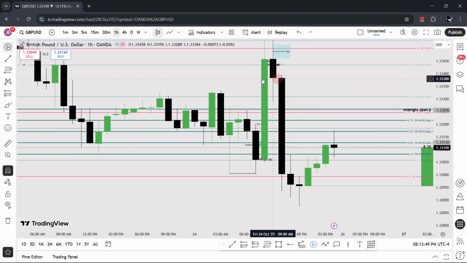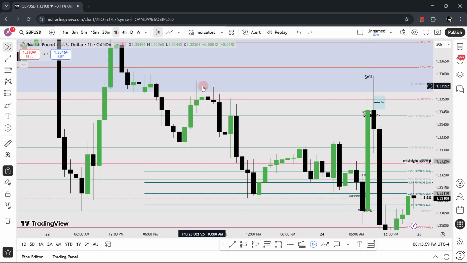Then we have the relative highs up there. In 1 hour, you can see that relative highs are there. And all the buy side pools of liquidity are here.